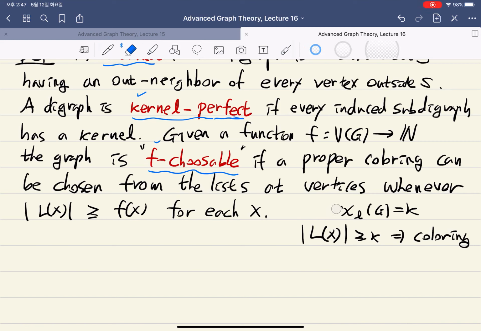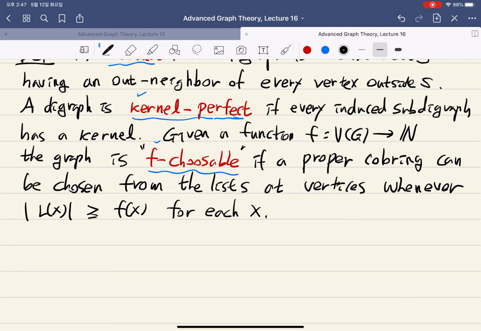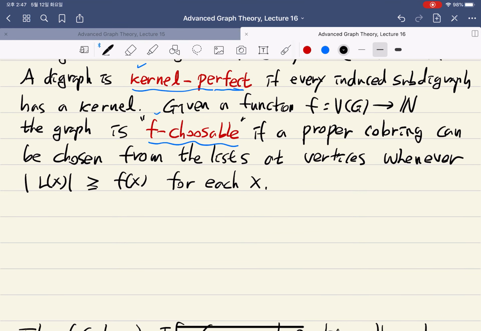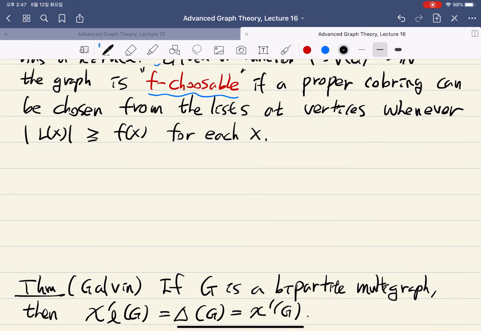So that's what it means to be K choosable, or least chromatic number is K. Let's just forget the H for now. Then this F choosable is a more general concept than that. We allow that for different vertices we have different list sizes. And the reason why we consider this concept is that assume that we want to prove something like this.